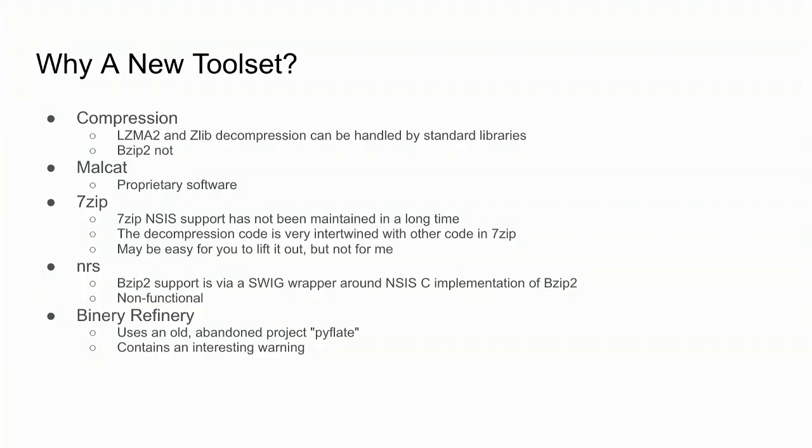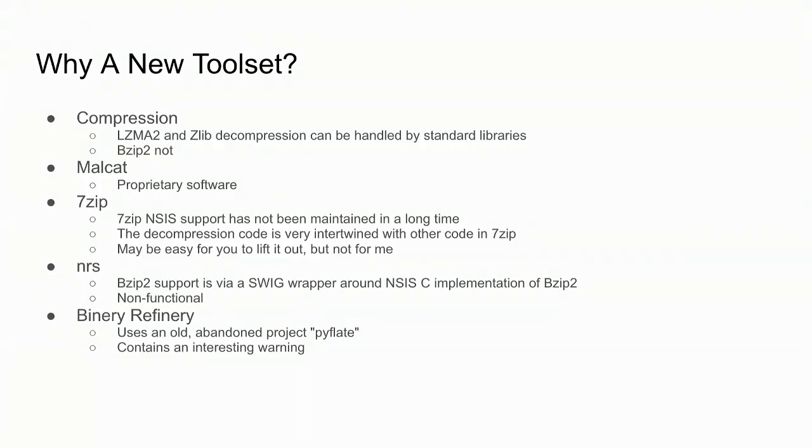And I'll cover exactly why in a minute, but yeah, bzip2, you cannot use any of the standard libraries to decompress it. You can't use the bzip2 implementation that NSIS does, but bzip2 in general, you can use any implementation, but you can't with this particular one.